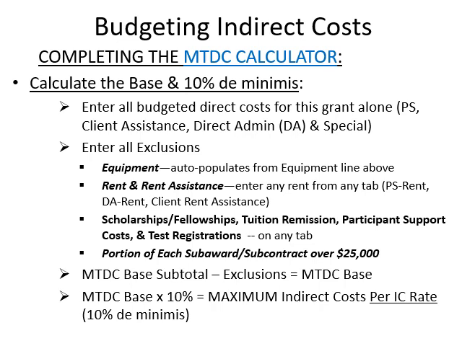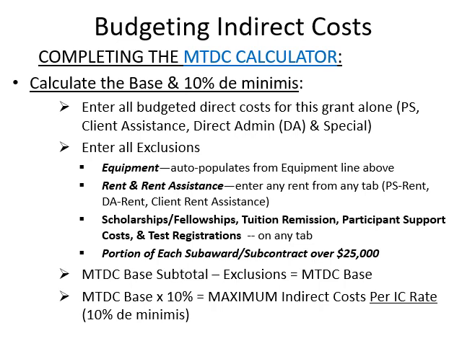So it will pull that number right from the equipment line item. As far as rent and rent assistance, you have to actually manually enter any rent from any tabs that are included in your budget. Put them down in that section and it will exclude them. The same thing for scholarships, fellowships, any of the other exclusions, you need to manually enter those if they're applicable.